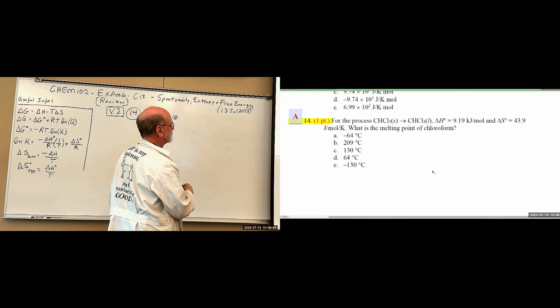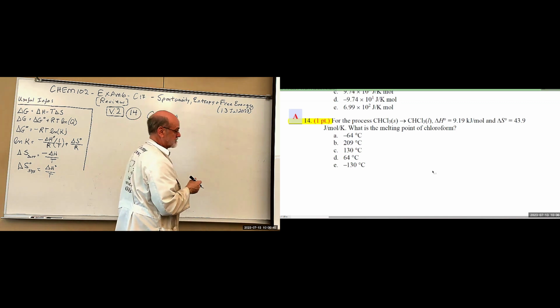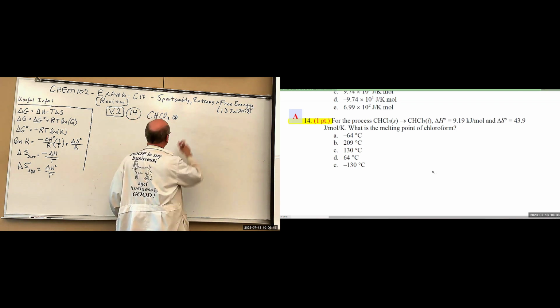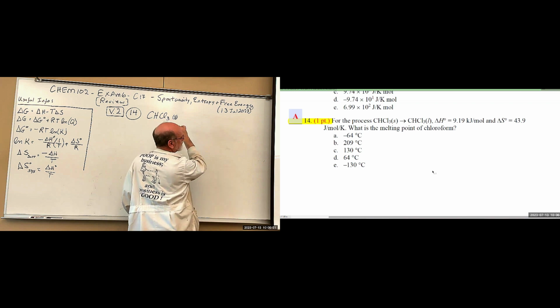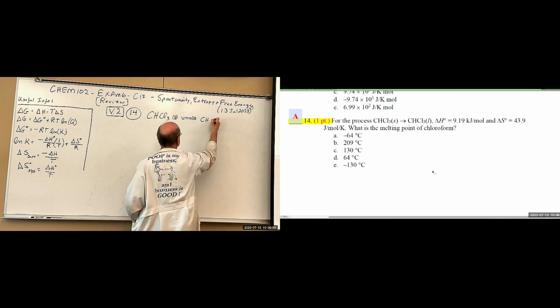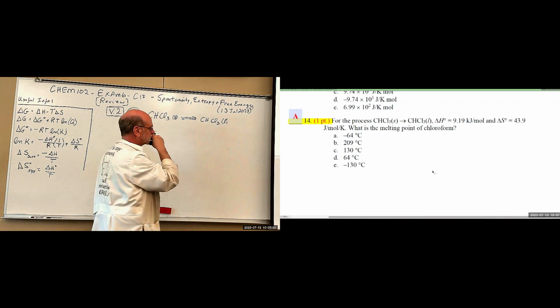What's the melting point? Because trichloromethane, as I know it, I think it's a liquid at room temperature. Let's see. Oh, and it's going to the liquid. CHCl3 solid to CHCl3 liquid, that process.